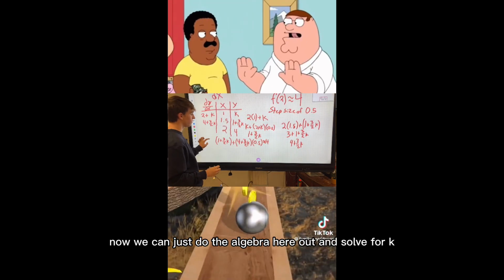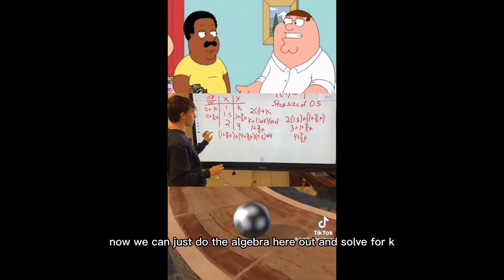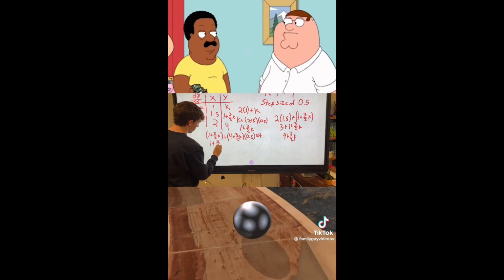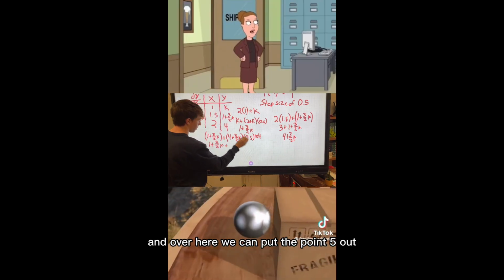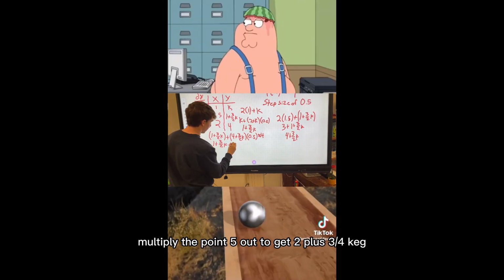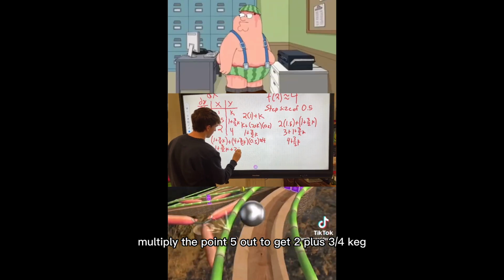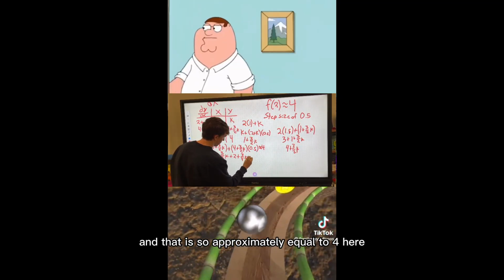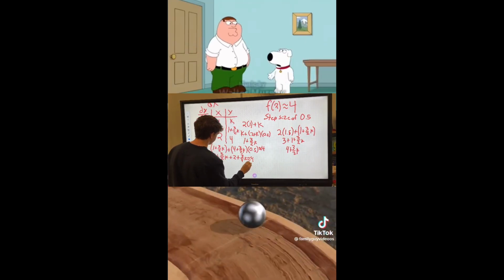Now, we can just do the algebra here out and solve for k. So, we can keep this 1 plus 3 halves over here. And over here we can multiply the 0.5 out to get 2 plus 3/4 k. And that is still approximately equal to 4 here.